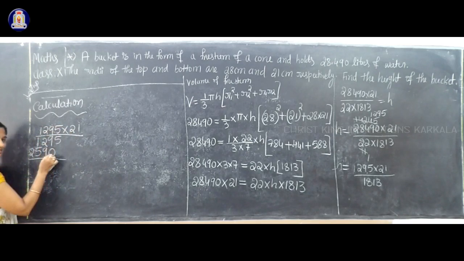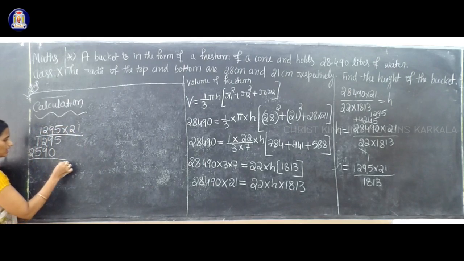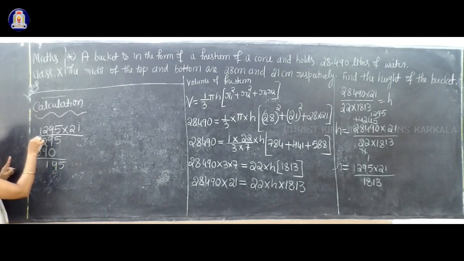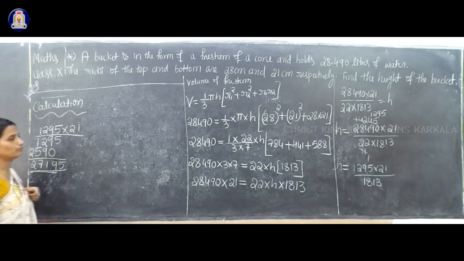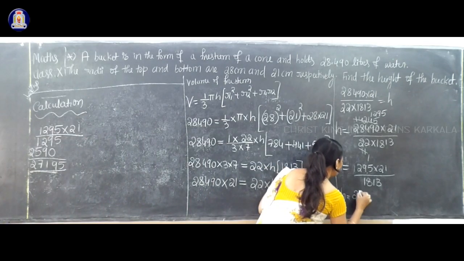So 5, 9, then 11, 1 remainder. 5 plus 1 is 6. 6 plus 1 is 7. Next it is 2. So what is the answer? It is 27195. h is equal to 27195.